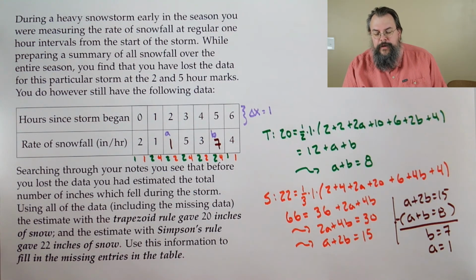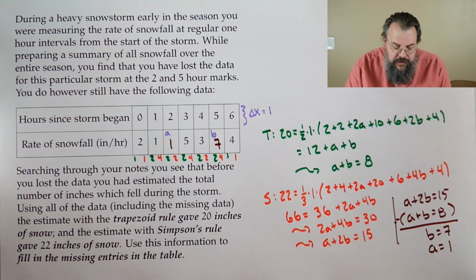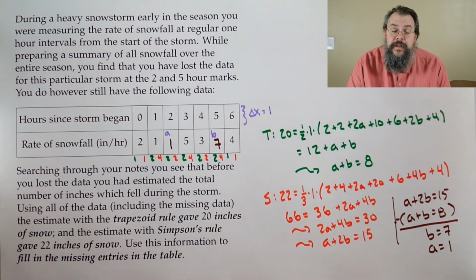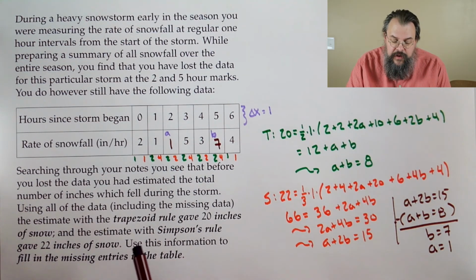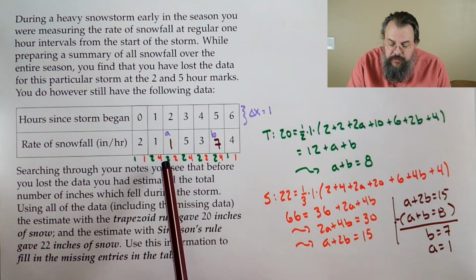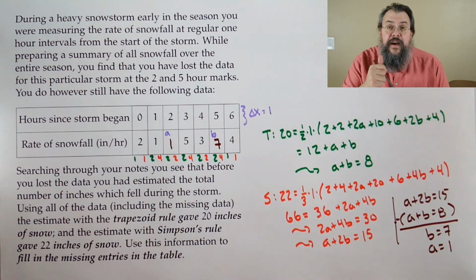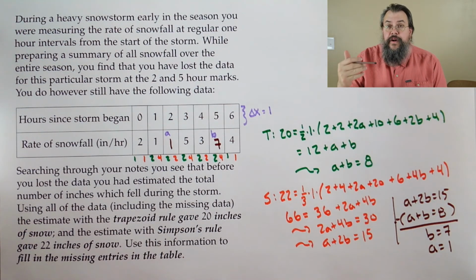And another thing that you can kind of see is, see how Simpson's rule got a higher answer? Well, that's indicating that we should expect b to be a larger value, right? Because if you look at where that slot is, it's in a slot where Simpson's rule highly values it, at least comparatively to the trapezoid rule.